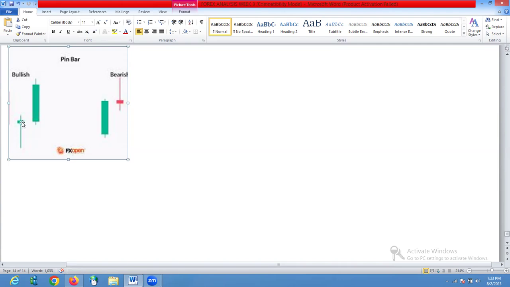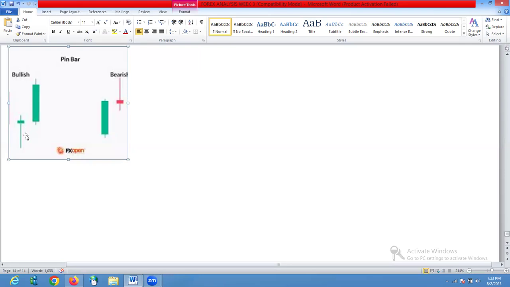When you see this pin bar, which is bullish, it means that price was forced down by the sellers, but the bulls, which are the buyers, closed it upwards. When you see this pin bar, don't think that price will continue to go up. The immediate direction of the price will first be to the downside, either correctively or impulsively.